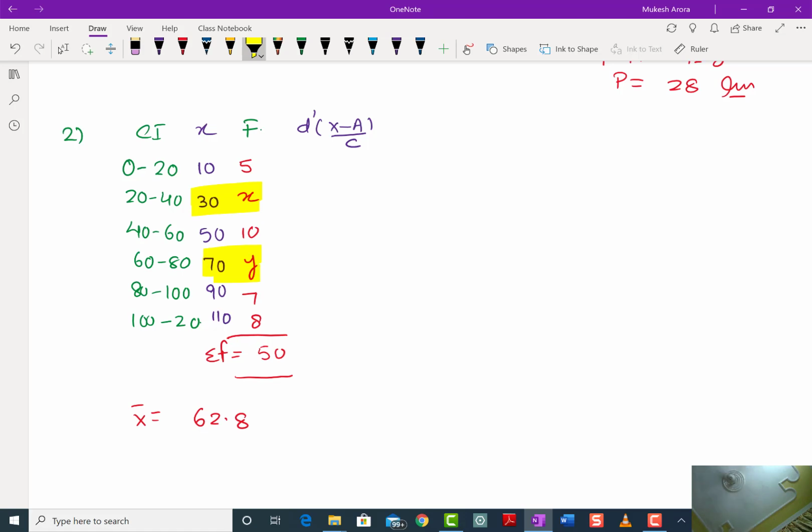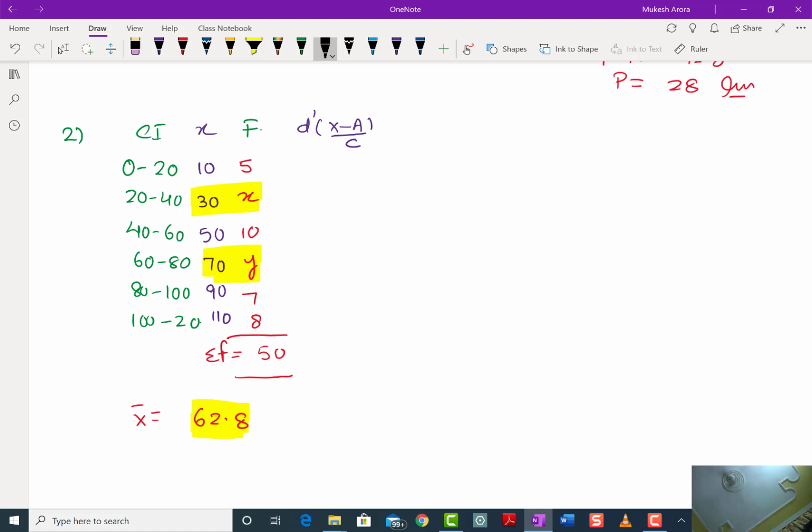You can assume any value, it's your choice, but try to assume a value less than the given mean. Then everything will come in positive terms. If you take a value more than that, you will get negative terms also.